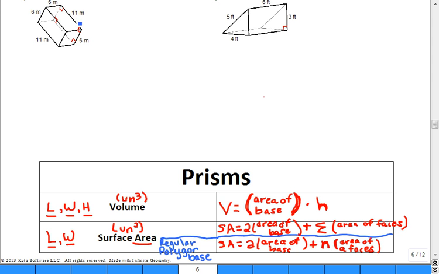In this first problem, we see that we have a regular polygon as our base. We have a square as our base. So our surface area is equal to 2 times the area of the base plus n times the area of a face.